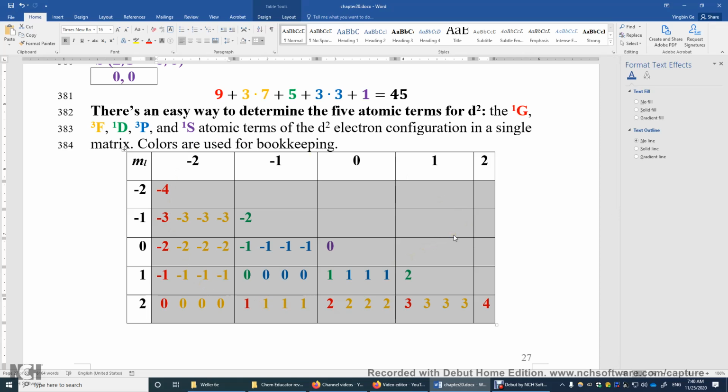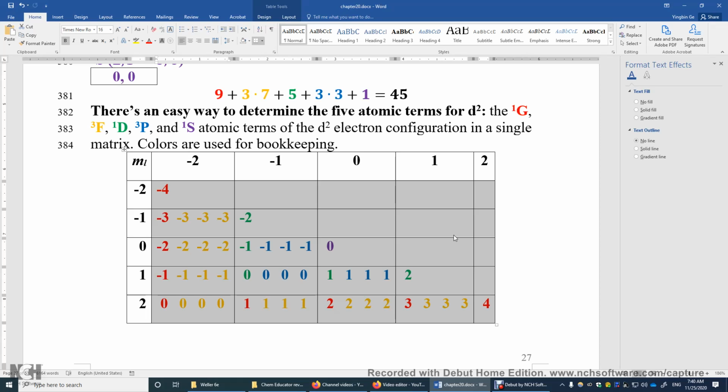And then the first atomic term is going to be 1I, singlet I. S equals 0, so 2S plus 1 is 1. It's singlet spin multiplicity. And what is I? Well, S, P, D, F, G, H, I. I means L equals 6.